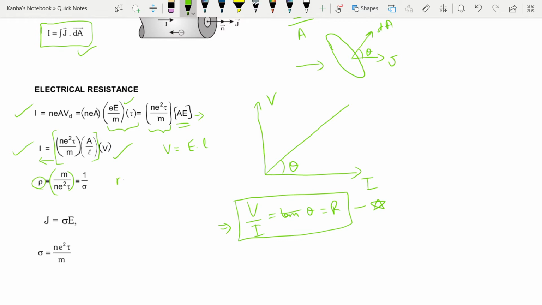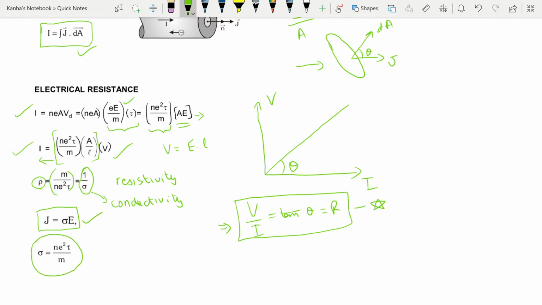So this is known as resistivity, and the inverse of resistivity is known as conductivity. Ohm's law can also be written as J is equal to sigma times E, where sigma is equal to N E square tau by m.